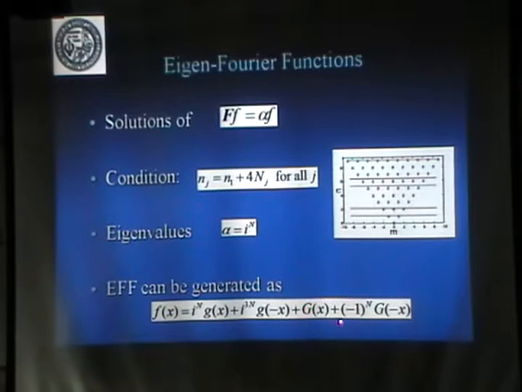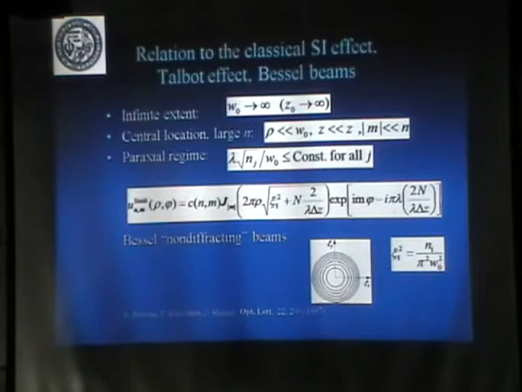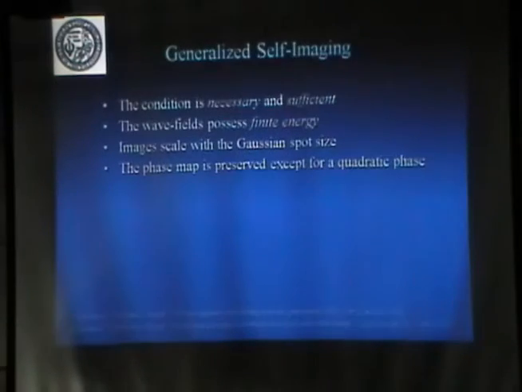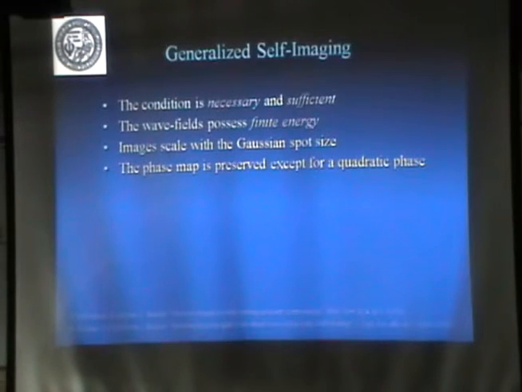Take the Fourier transform, flipped, multiply by minus i to the n. And then add all this, and you get a function that has this property. It's an eigen Fourier transform. So this is interesting. Let's skip this one, it's more technical. This one is also.